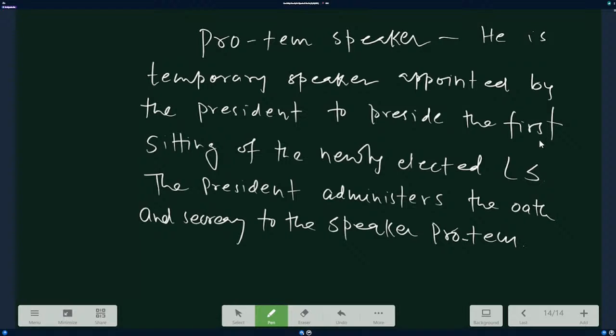For example, there is an article called 82 which empowers the President to summon the House to meet anywhere in the world.